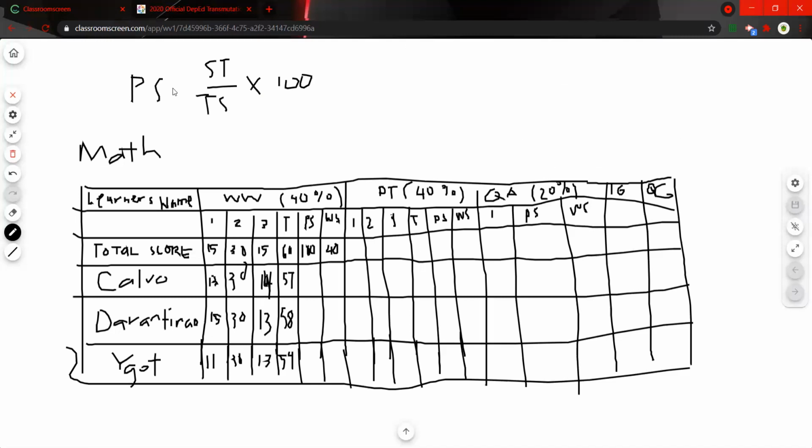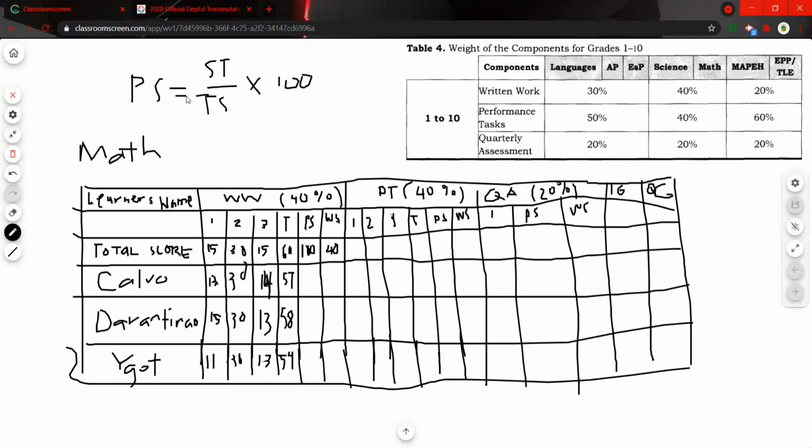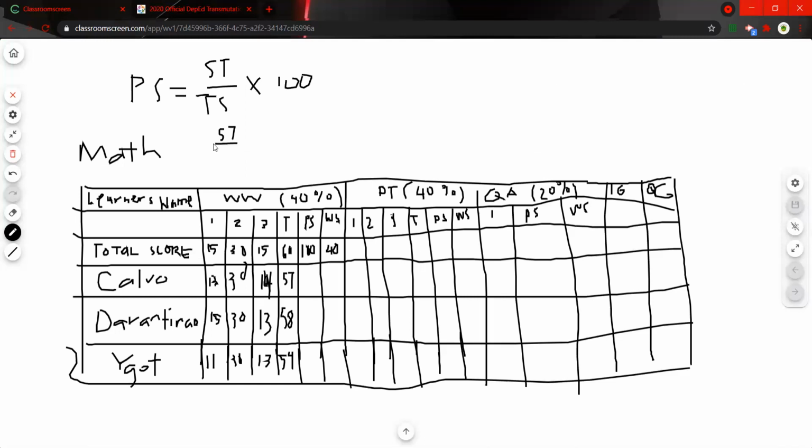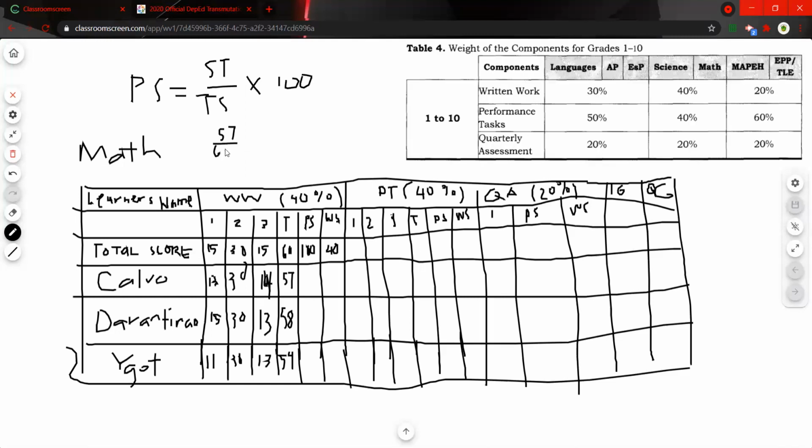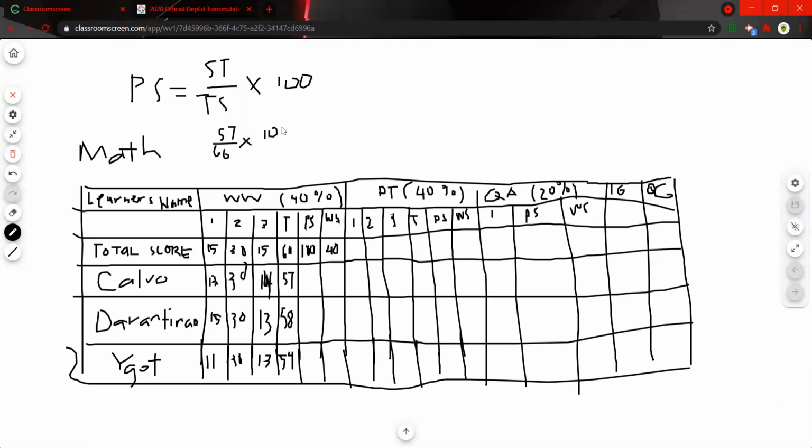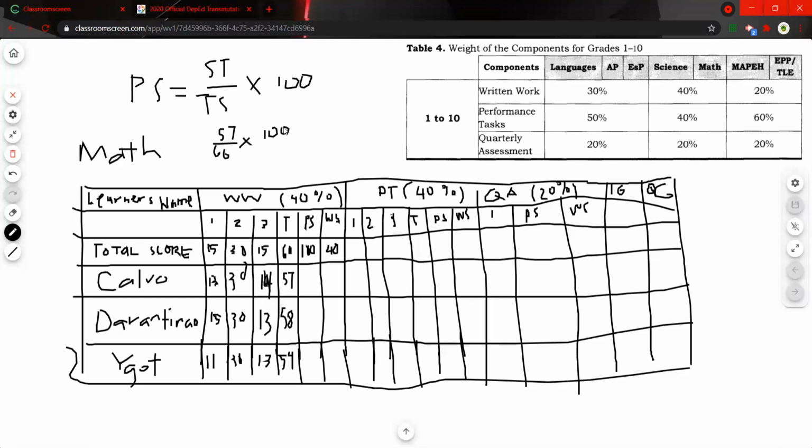So, for Calvo, what is the total score of Calvo? That is 57 out of 60 and then times 100. So, what is that? 57 divided by 60 is 0.95. Then times 100, that is 95%.